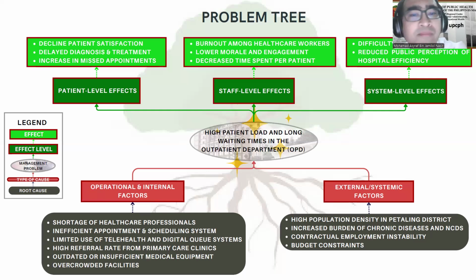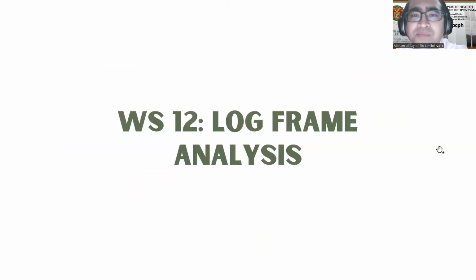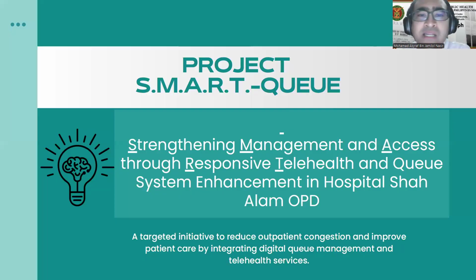All these factors combine to create serious consequences at the patient level, staff level, and also system level, ranging from reduced satisfaction and delayed care to staff burnout, reduced morale, and also diminished hospital performance.